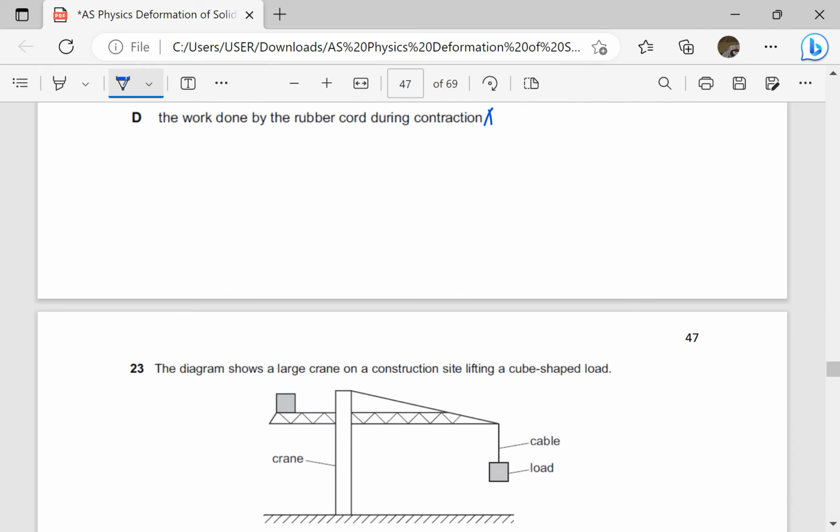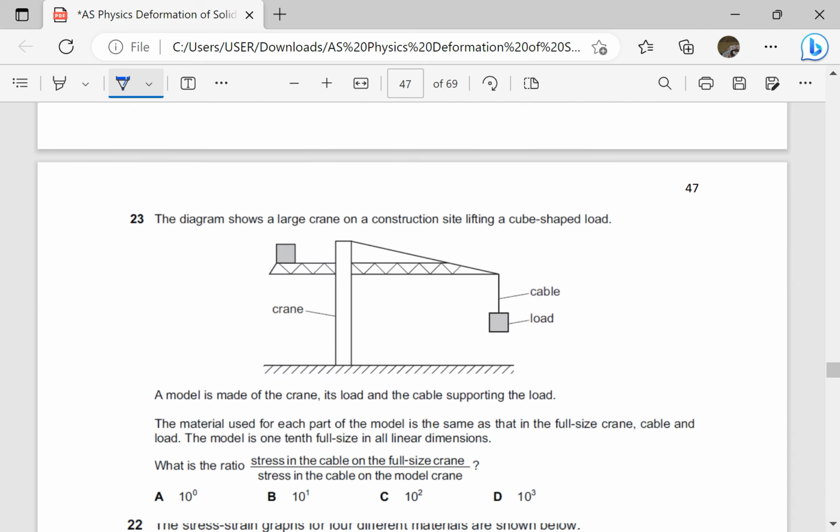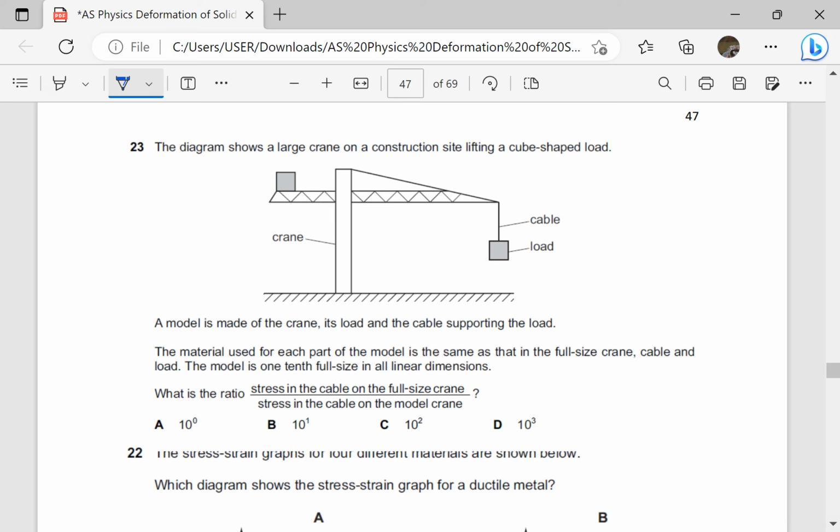Okay. The diagram shows a crane on a construction site lifting a cube load. A model is made of the crane, its load, and the cable supporting the load. The material used for each part of the model is the same as that in the full-size crane, cable, and load.